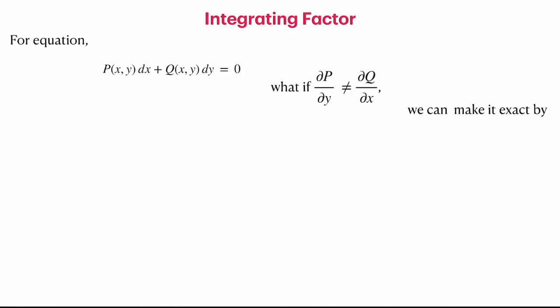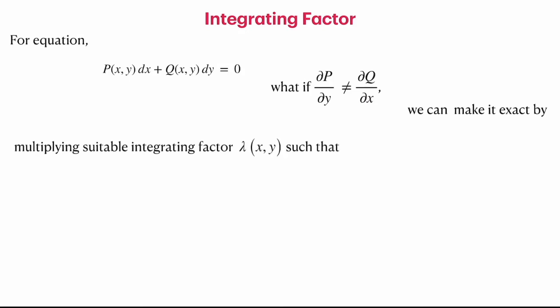Can we somehow write this as an exact differential? The answer is yes, and that is by using the integrating factor. We can multiply by a suitable integrating factor lambda of x and y such that lambda p dx plus lambda q dy is equal to 0 is exact.